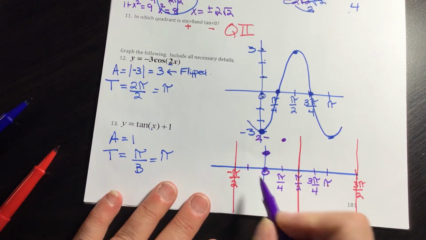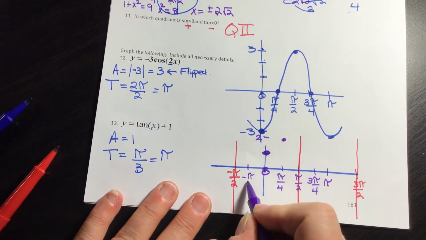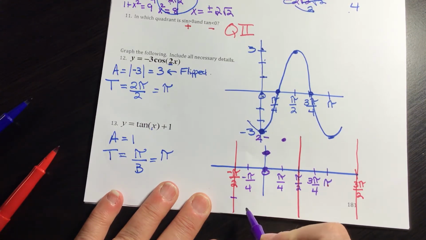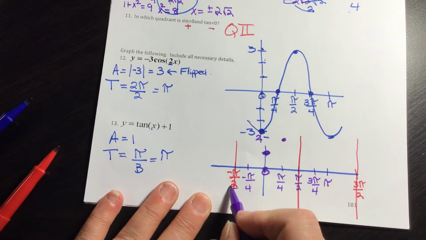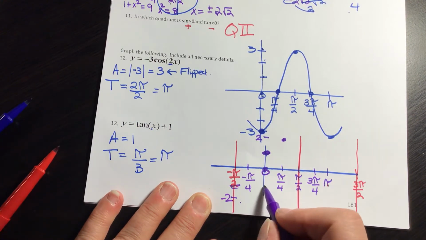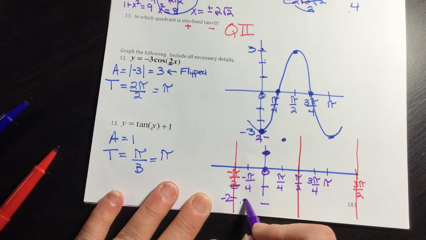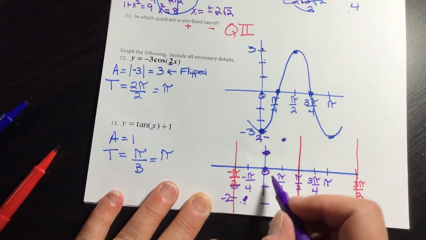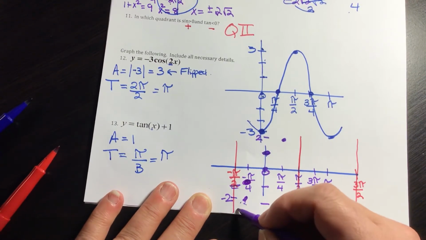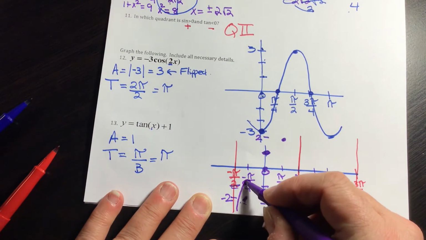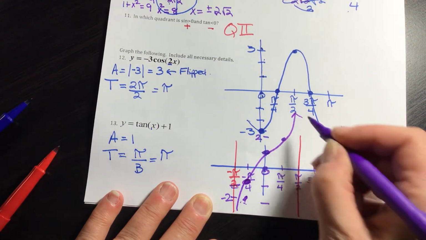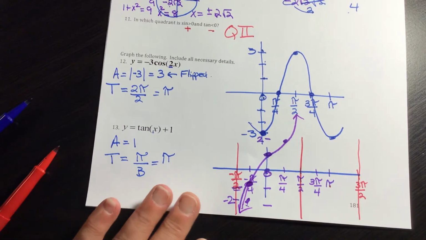And tangent of negative pi over 4 is going to be negative 1, and negative 1 plus 1 is right here. So my tangent is going to come up. I'm going to go across here and go up like that.